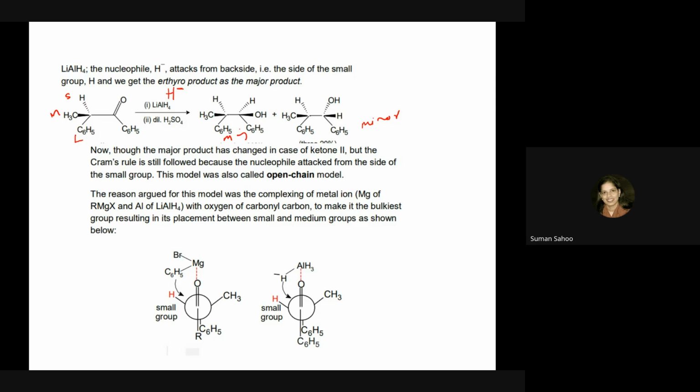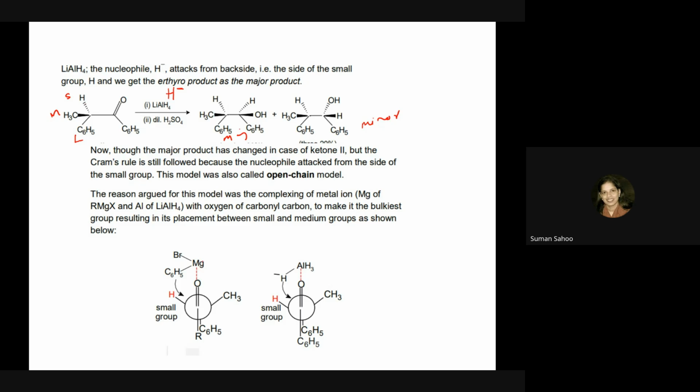It is argued that in this model, the small group, in case of the aldehyde, makes a complex. In all these cases we are using organometallic compounds, where metals coordinate to the oxygen of the carbonyl to make it the bulkiest group. Suppose we have a Grignard reagent, phenyl magnesium bromide.